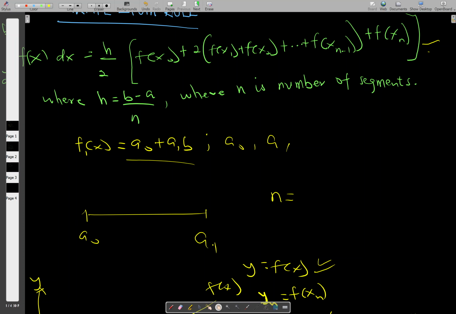For multiple segments in a given question, it depends on the question, and whenever you are given any question, the number of segments will be given to you, and that's what you are going to use to solve the problem. And the more you increase the number of segments, the more accurate your answer becomes.